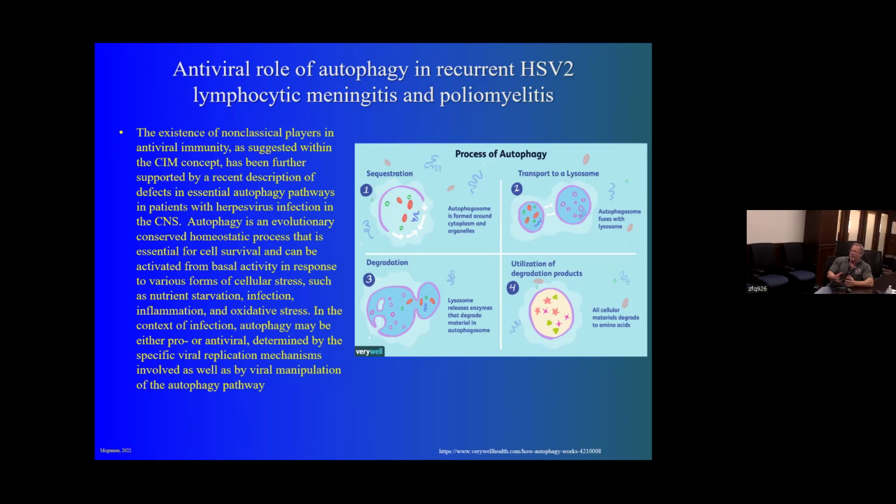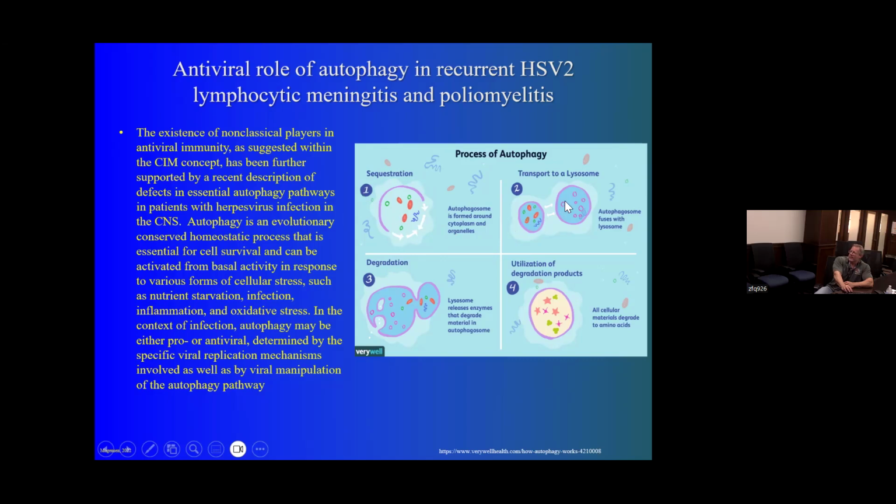Normally, the autophagy process is going to involve sequestration. So we see the area that's receiving stress sequestered away from the rest of the body. Maybe these cells here are going through a lot of oxidative stress, so they're going to be sequestered away from the other cells in the body. An autophagosome, the actual structure, is going to be formed in this cell that's going through this stress, around the organelles and the cytoplasm.